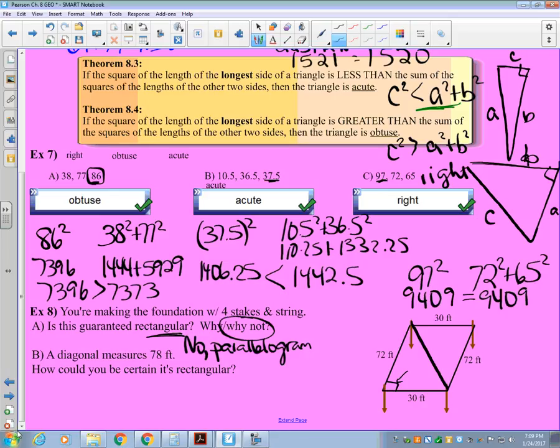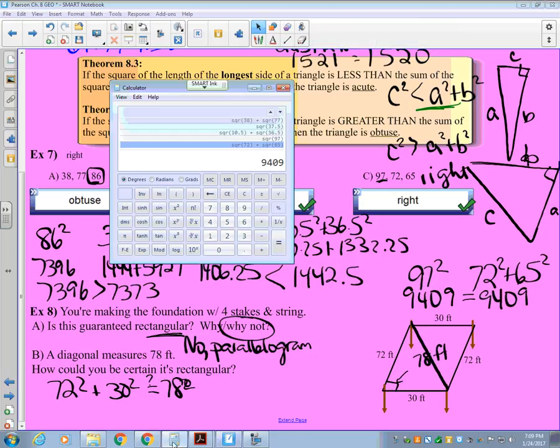So in order to guarantee the 90 degrees in the corner, we need to make sure that the diagonal is a squared plus b squared equals c squared. So we're going to go 72 squared plus 30 squared. Does that equal, the question mark there, 78 squared? Let's get our calculator.